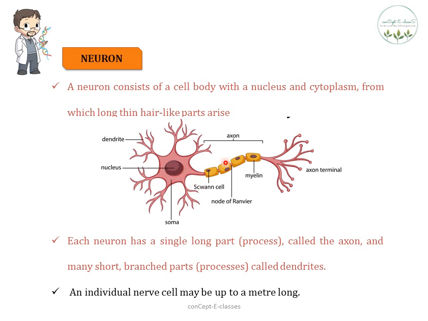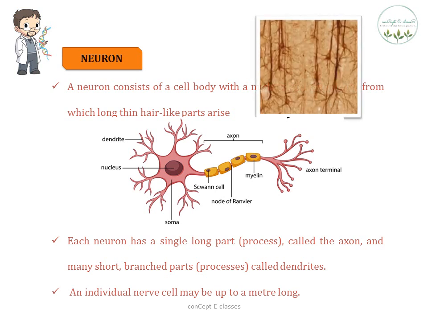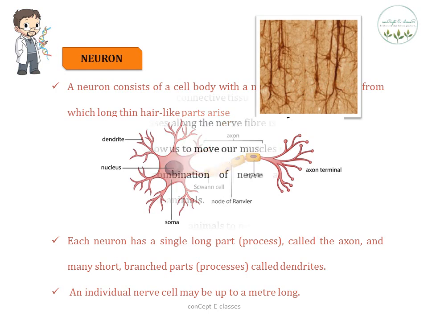It consists of a long tail-like cylindrical process with tiny branches at the end. It is covered by a sheath, and it also has short hair-like extensions called dendrons, which are further subdivided into dendrites. An individual nerve cell may be up to about a meter long.